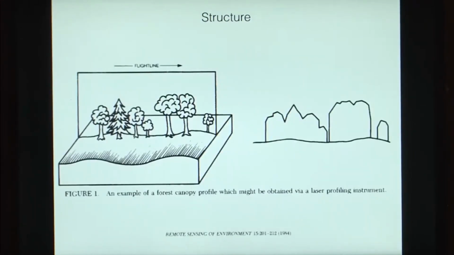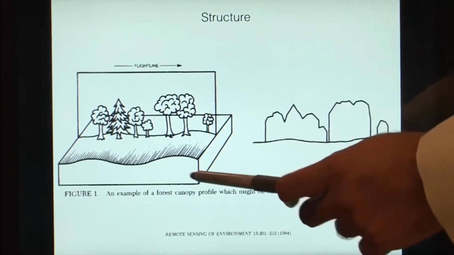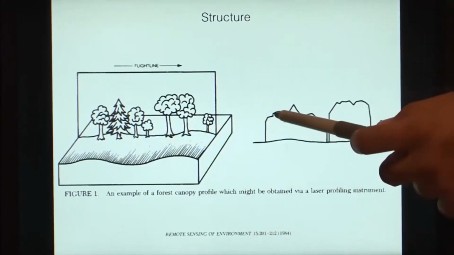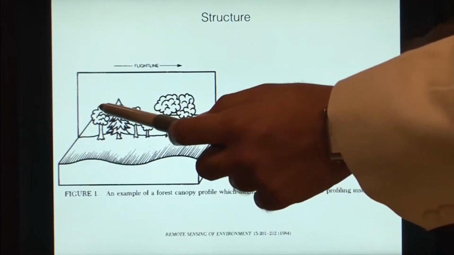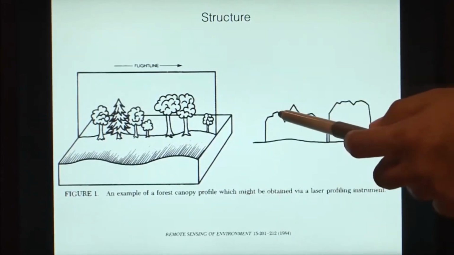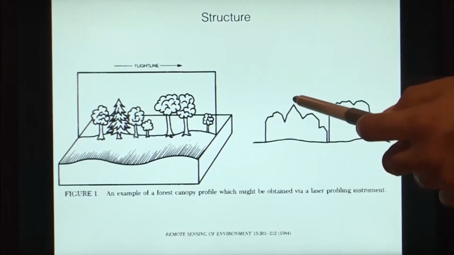Now, the structure of the forest can be very easily ascertained by using lidar. So, for example, here we are seeing a canopy profile. So, you have this as the plane of scanning. In this plane, if you plotted these canopy covers, for instance, this tree is making this canopy, then this pointed tree is making this canopy, and so on.